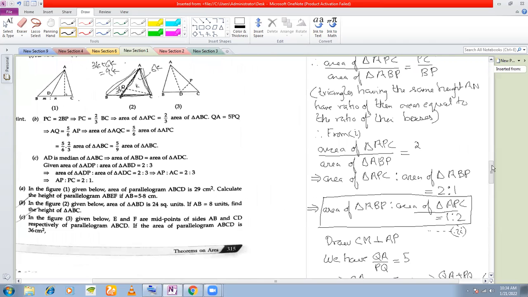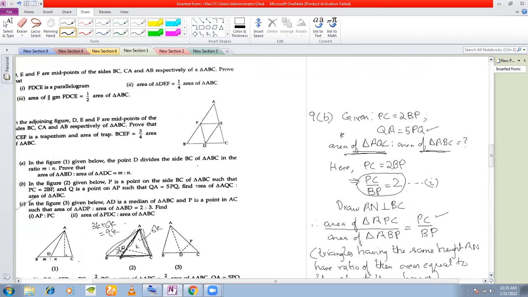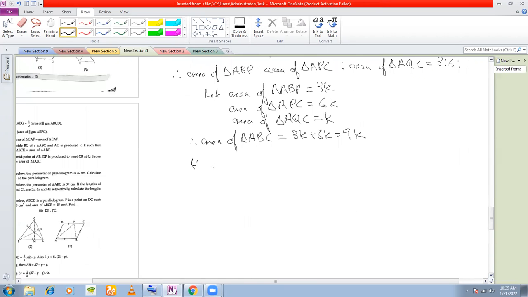And what is the ratio we have to find? AQC is to ABC. So let's write down the ratio. Hence, area of triangle AQC by area of triangle ABC is equal to, how much is the area of triangle AQC? K. How much is the area of ABC? 9K, right? So that means we are getting this ratio as 1:9.